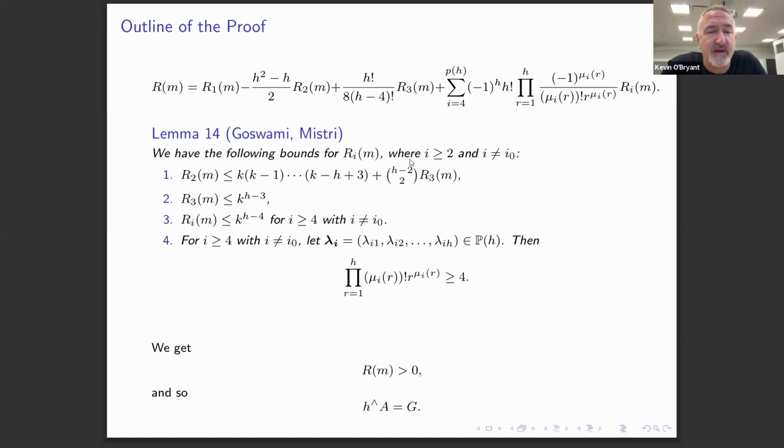Hello. I'm still seeing the outline of the proof. Can you see this? Seems to be stuck on the outline of my proof.